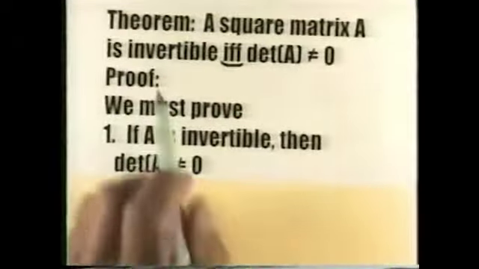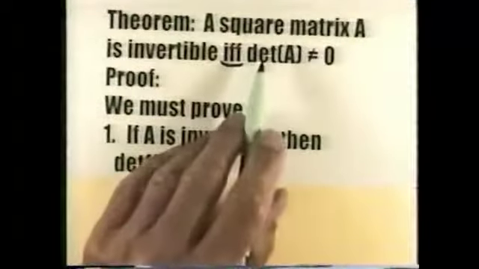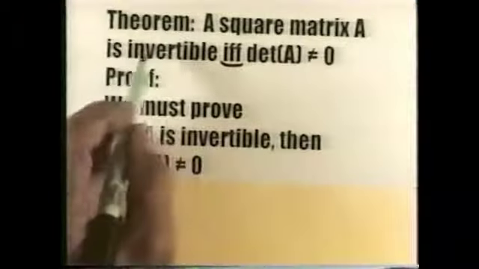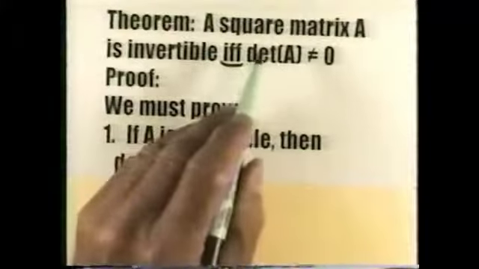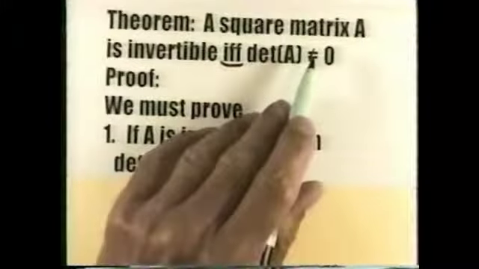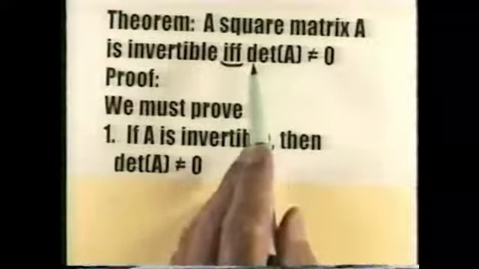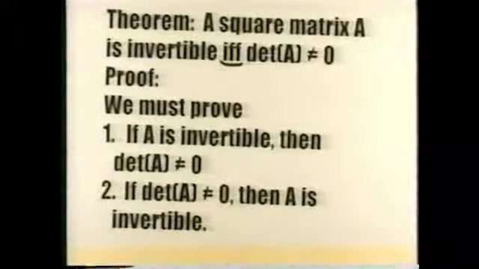The first, we must prove that if A is invertible, then the determinant of A is not equal to 0. So I must do it frontward. If A is invertible, then the determinant of A is not 0. Now, if and only if means I also got to do it the other way. If the determinant of A is not 0, then A is invertible.